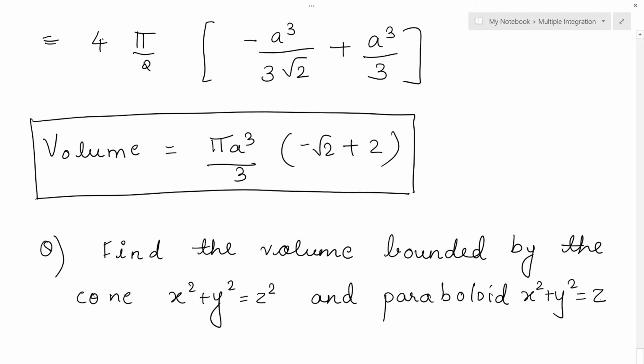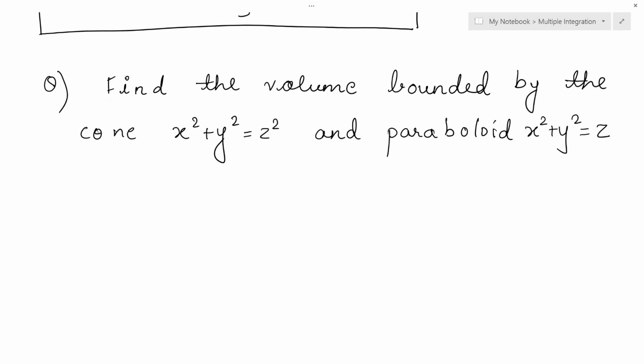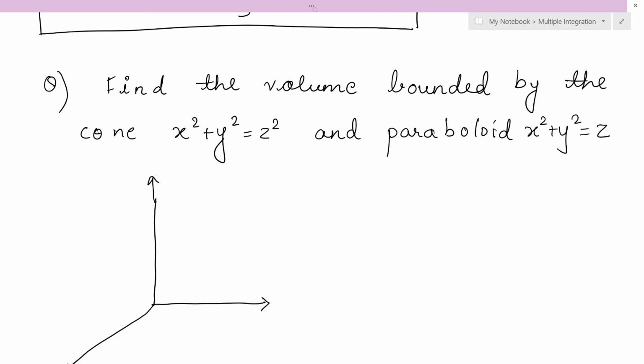Right? So now we can draw a cone and a paraboloid. So let us imagine how it will become. Let me draw the x-axis and y-axis first. Okay, so first you will draw a paraboloid, something like this.